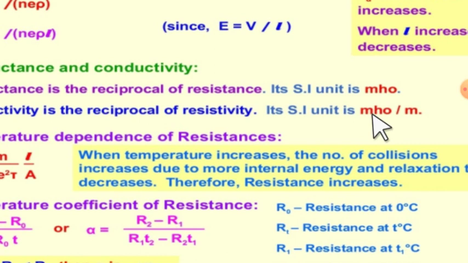Because the SI unit of resistivity is ohm meter. So the reciprocal of ohm meter will be what? Mho per meter, right?